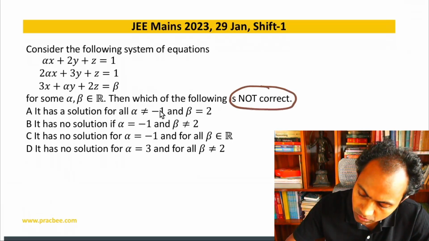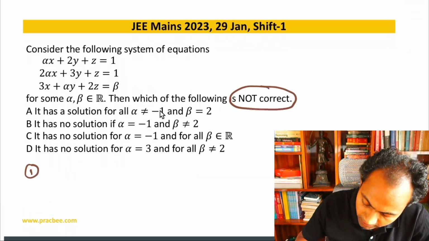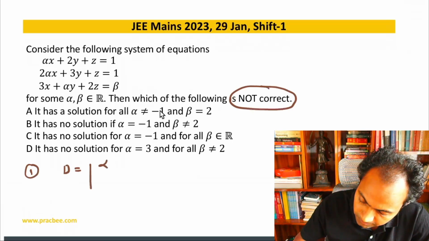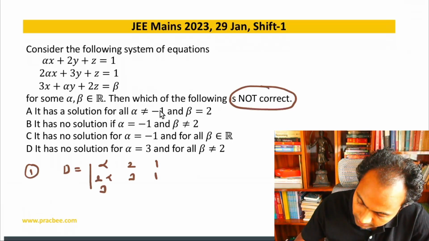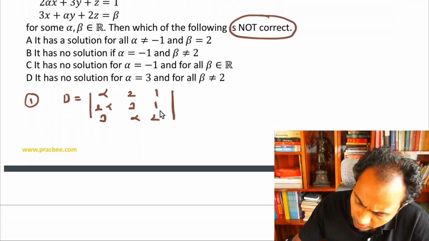If I look into the question, if I need to comment on the nature of the solution, then I need to first find the value of determinant of A. That would be nothing but here alpha 2 1, 2 alpha 3 1 and 3 alpha 2. So let us figure out this value. I can open it along any row or column.